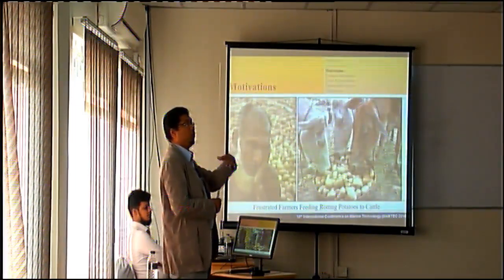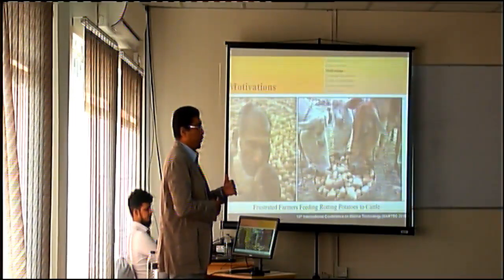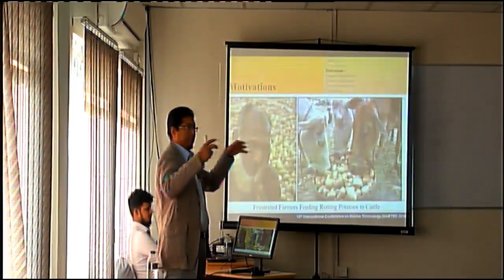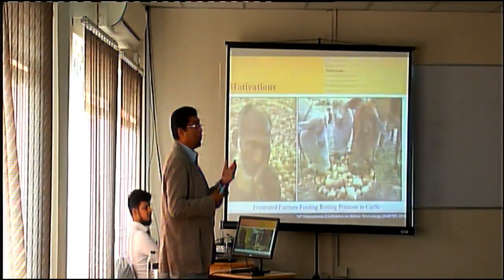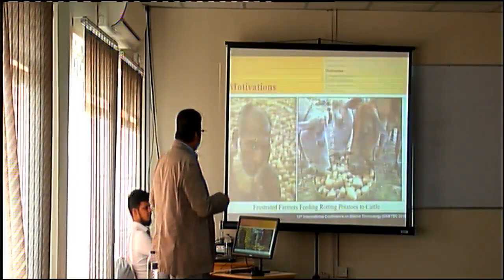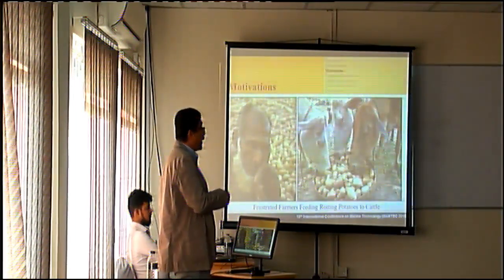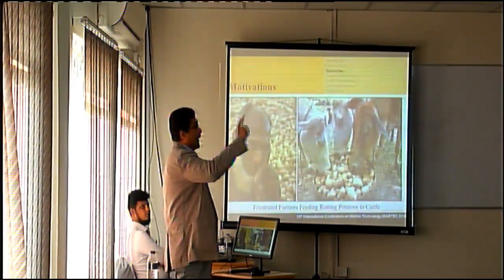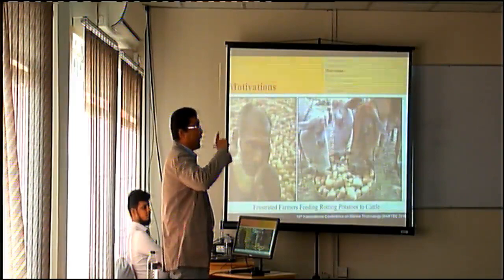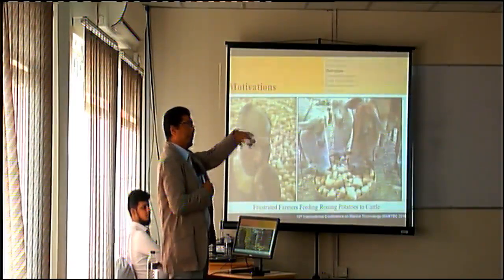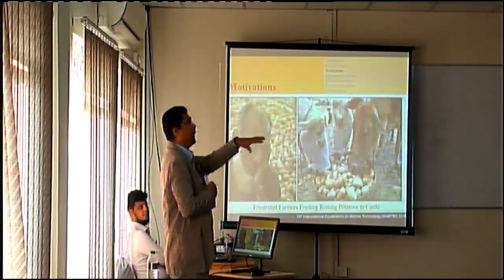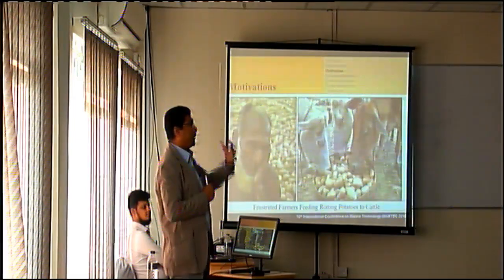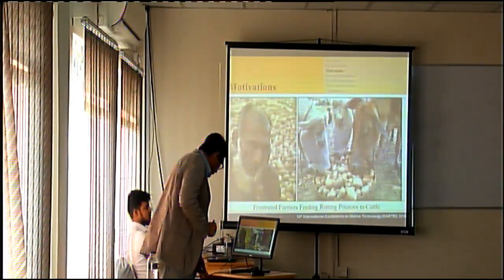So if we want to mitigate these problems, we need to coordinate our supply chain as a whole. We have to integrate the farmer, who is the manufacturer producing the product, and the consumer together, so that the benefit will be shared by all the members of the supply chain equally, or depending on the investment.